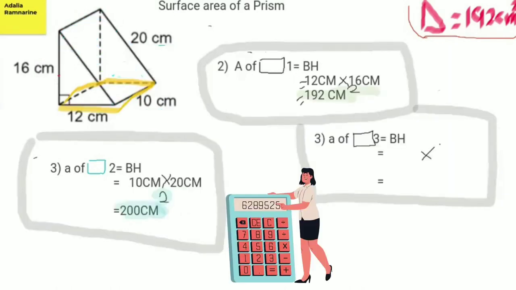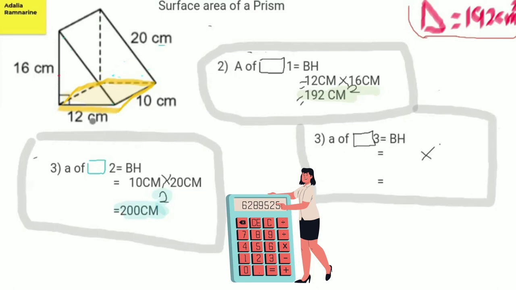Now we're moving on to the last and final rectangle, which is at the bottom. Finding the base and the height.